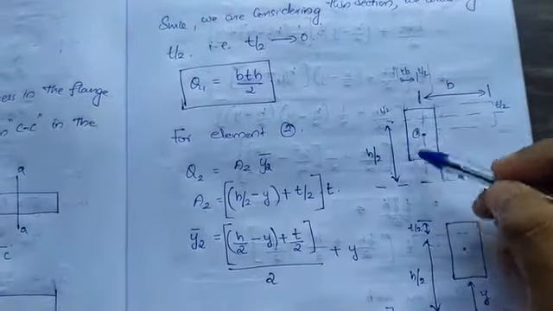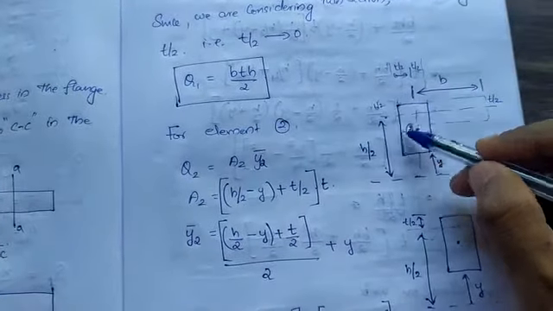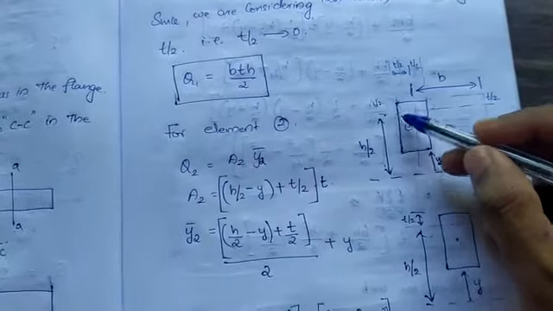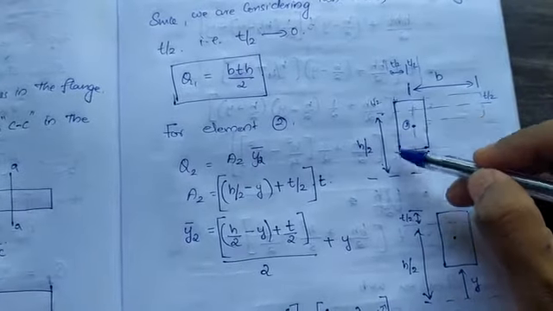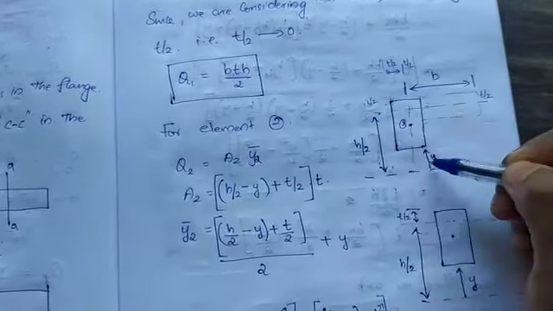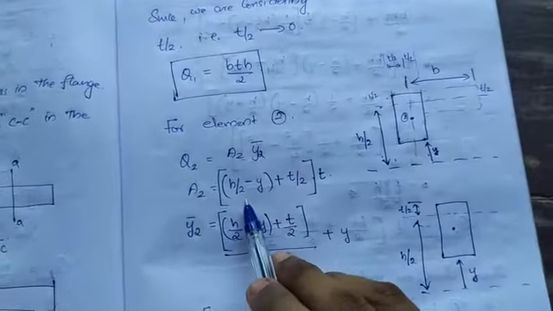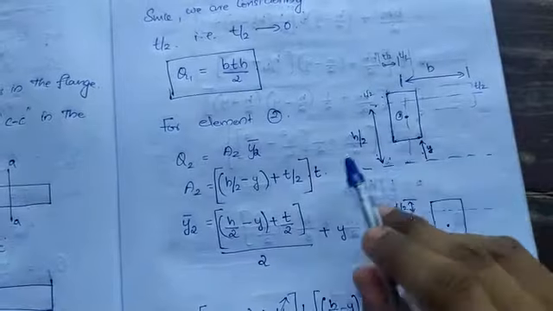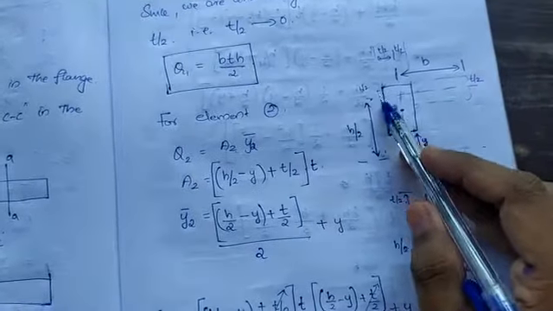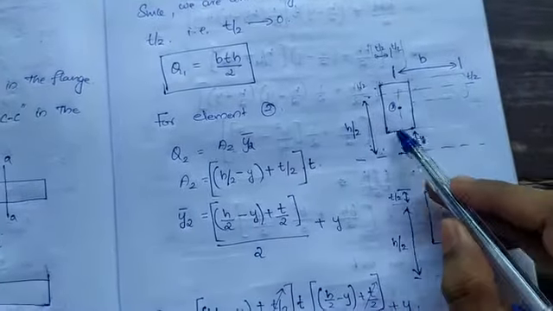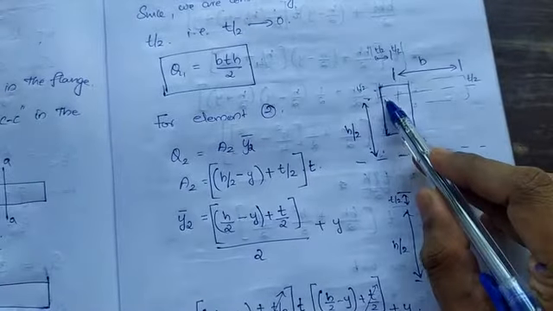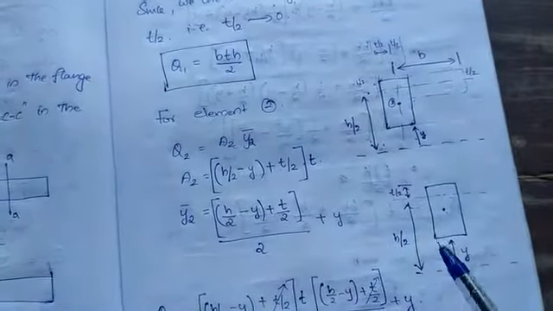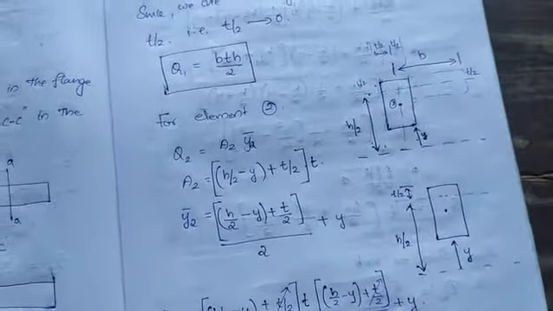So the total distance for this length becomes h by 2 plus t by 2 minus y, or h by 2 minus y plus t by 2. So h by 2 minus y means you got this section, plus t by 2, into the thickness t.